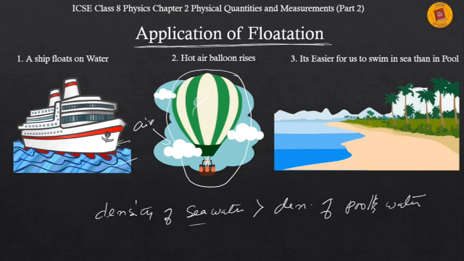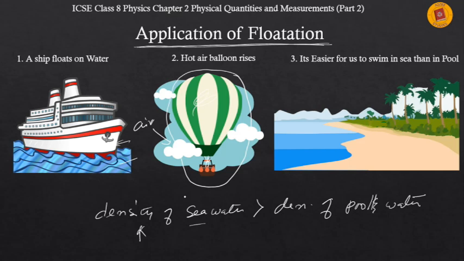So the upthrust generated here will be more in case of seawater than the upthrust generated when we swim at the pool. And that is why it will be easier for us to swim in seawater.